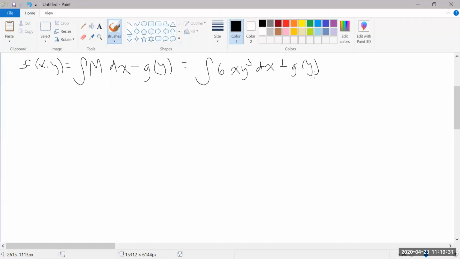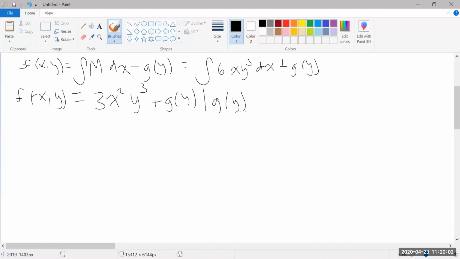The integral of 6xy cubed with respect to x is going to give us 3x squared y cubed, and then still plus our g of y. So now for the rest of the problem, we're just going to be solving for our g of y.